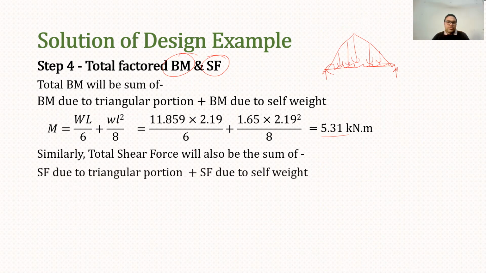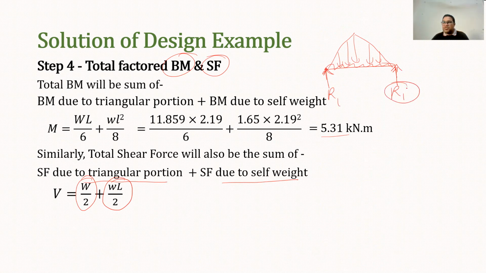In this case, shear force will be the sum of shear force due to the triangular portion and shear force due to self-weight. So total load divided by 2. Basically, maximum shear force will occur at the reaction, so the reaction value will be equal to the shear force.